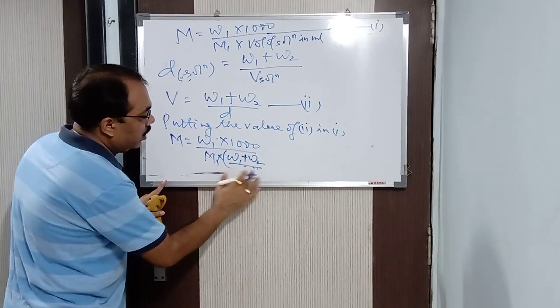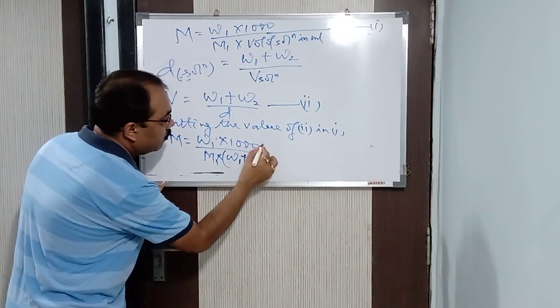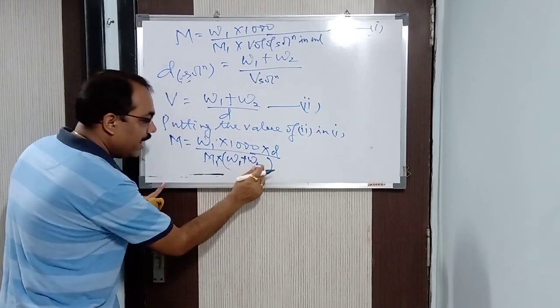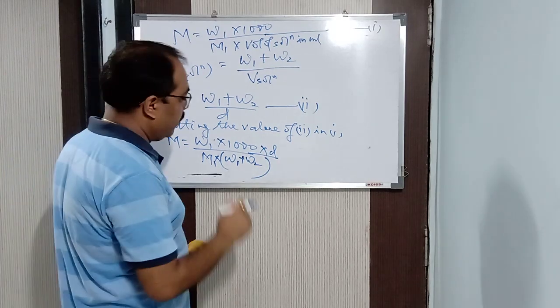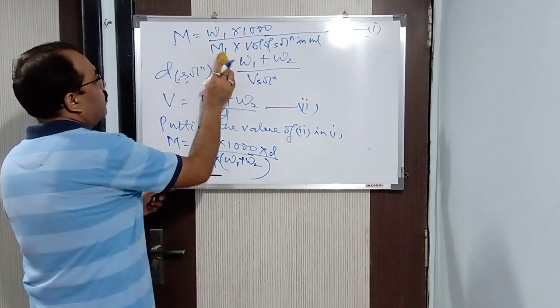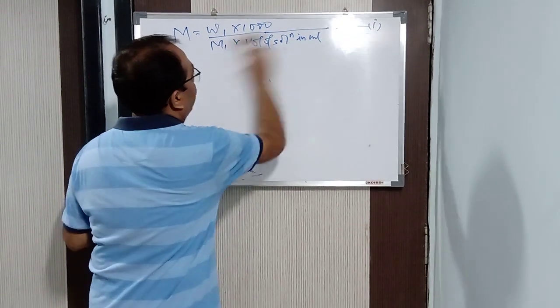So I'll do one thing here: by D, I'll remove this division and put the D here. Can't I do it? Okay, fine. Now I'm rubbing it, because I don't have space here.